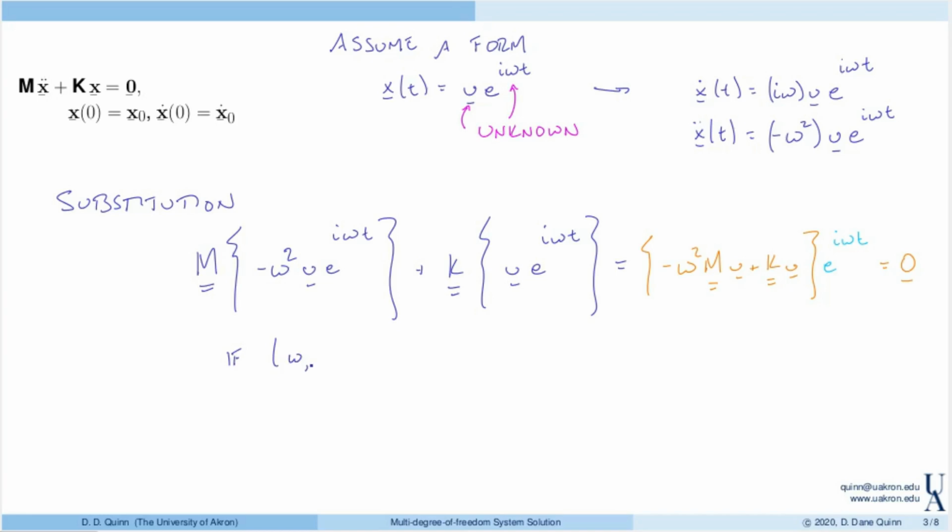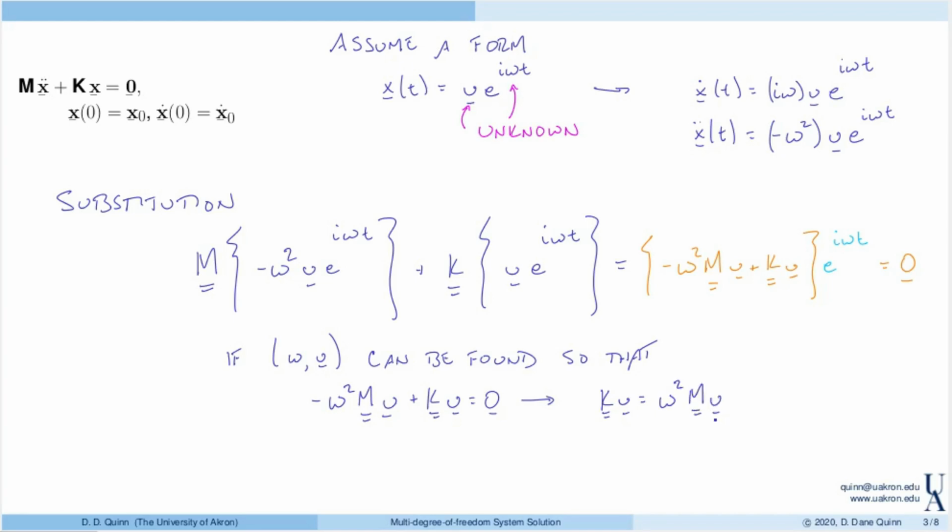If omega and u, right, these were these unknown quantities that we could choose, can be found so that this equation, minus omega squared times m times u plus k times u equals 0, or let's bring this to the other side, k u equals omega squared m times u, then x of t equals u e to the i omega t.